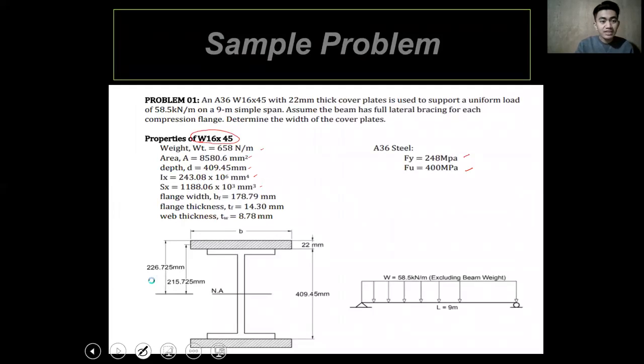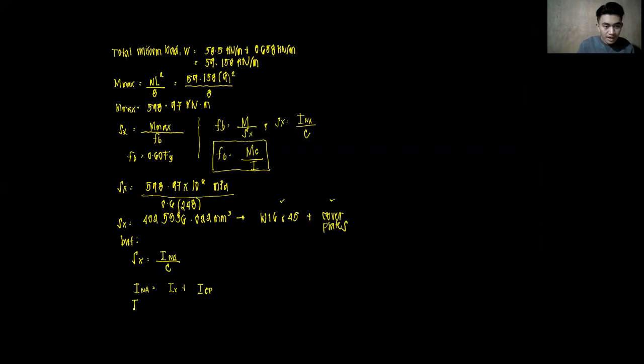Ix is 243.08 times 10 raised to 6. So I and A is equal to 243.08 times 10 raised to 6 plus the moment of inertia of our cover plates.